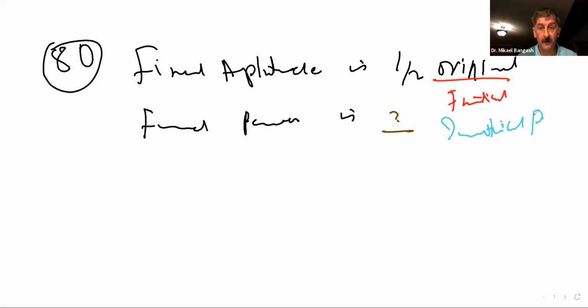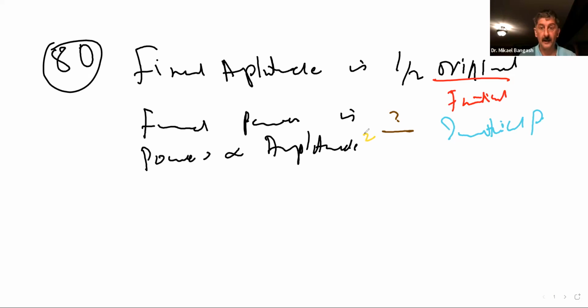Now what we knew was that power is directly proportional to amplitude squared.